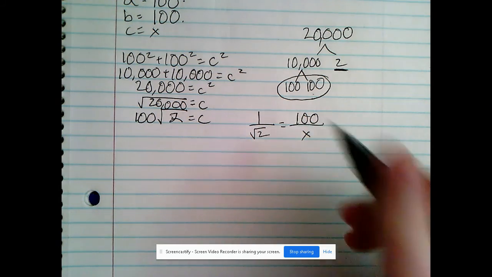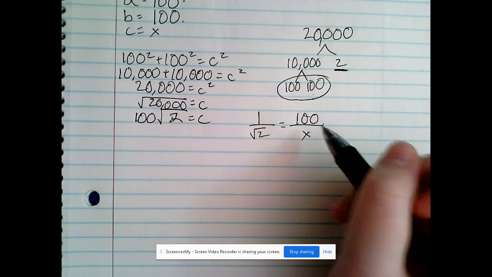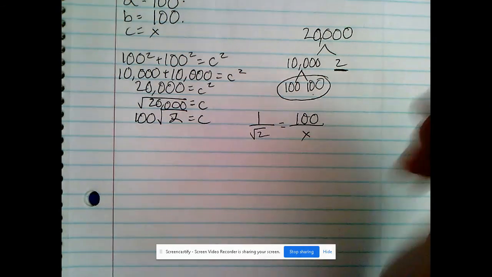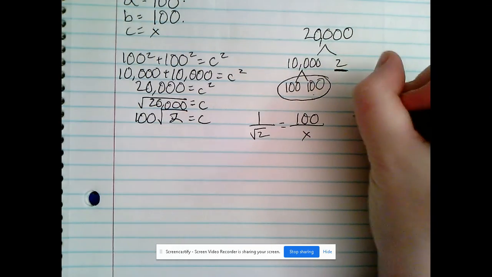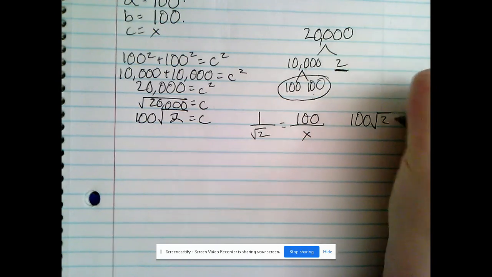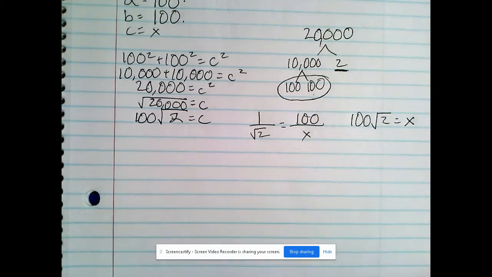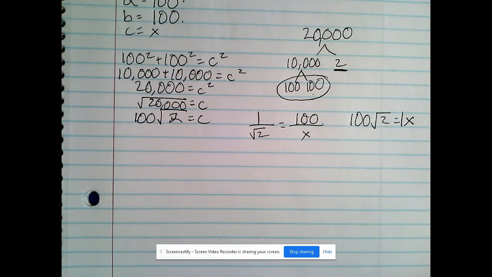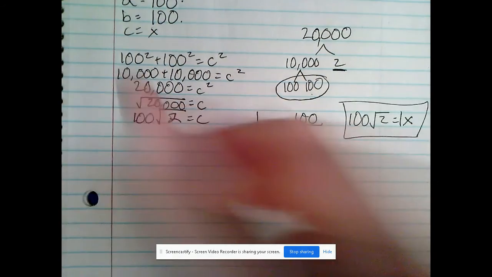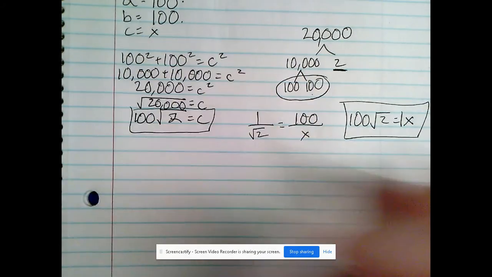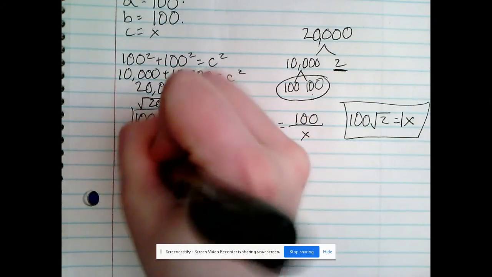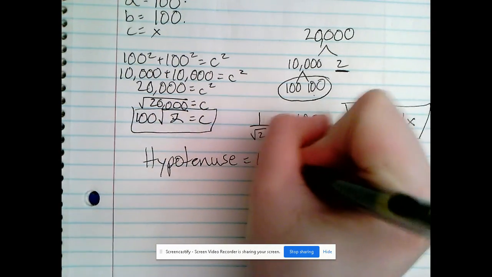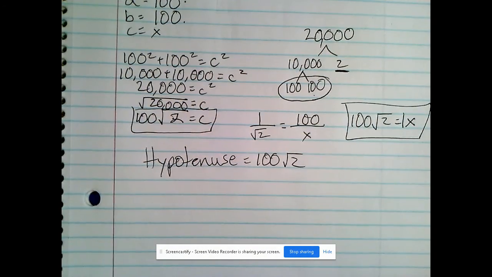In this case, we know the leg, so we're putting it on the top. Now we're going to solve for x. We cross multiply and we get 100 root 2 equals x, or 1x. Since the x is positive and single, we have our answer. So our missing side length is 100 root 2. The hypotenuse equals 100 root 2.